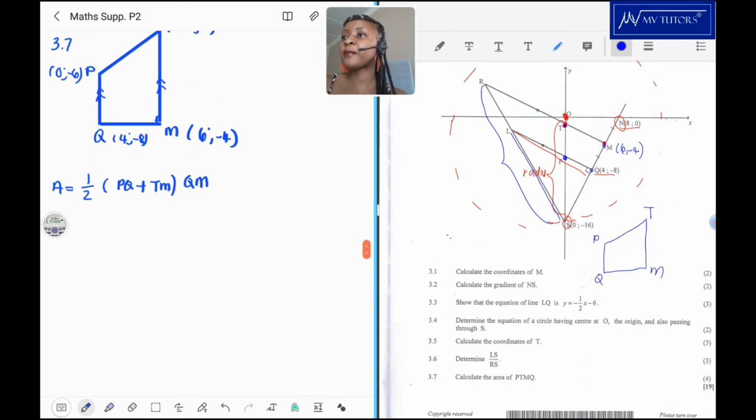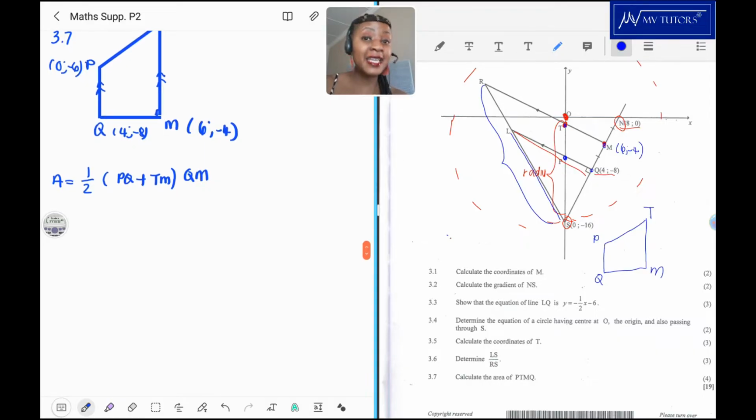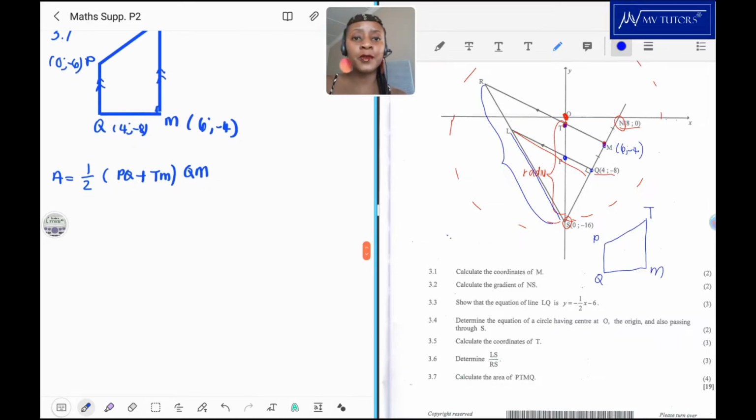So the length of PQ. I'm not going to write the full length equation again. I'm just going to substitute values in. So let's start with PQ. The x value for P is 0. For Q, it's 4. And that's 16. And then we have the y value for P, which is minus 6, and Q, which is minus 8.